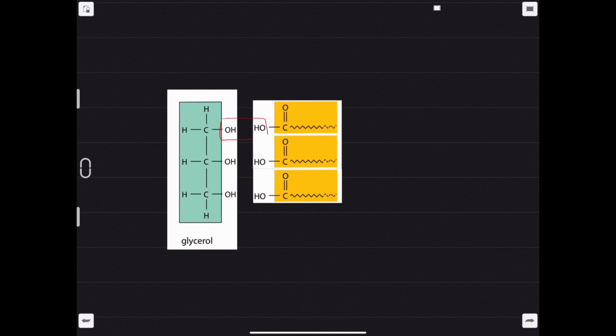Okay, so let's just try to make that a bit clearer. Okay, so at these points where the glycerol is joining the fatty acid, we are going to get a specific type of bond. Okay, and I'm going to say the reaction is called a condensation reaction.